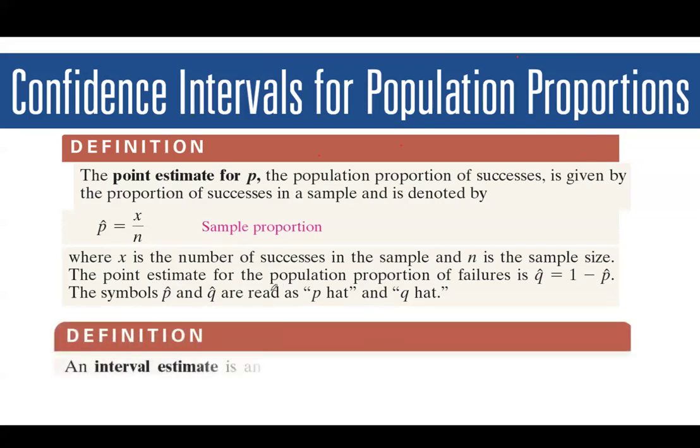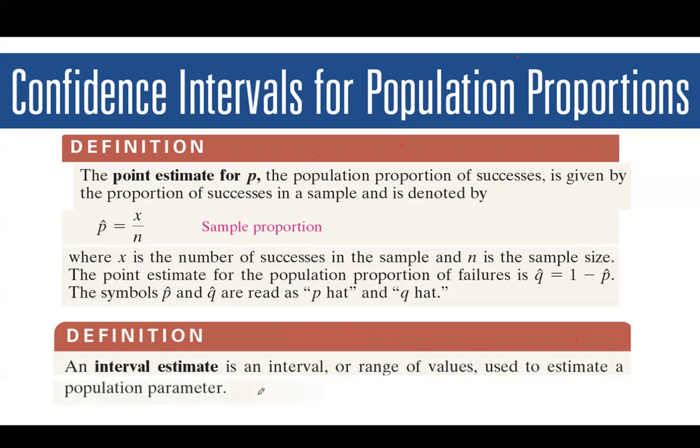The definition of interval estimate. An interval estimate is an interval or range of values used to estimate a population parameter. Well, we need more than that. We know how to find the point estimate. We know the definition of interval estimate, but how do we construct that from scratch?